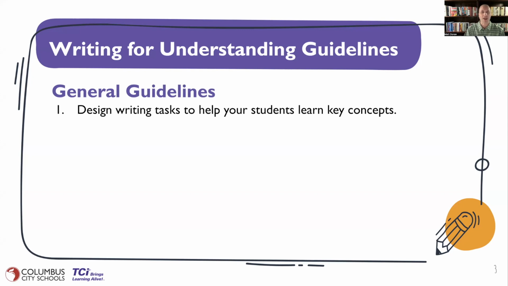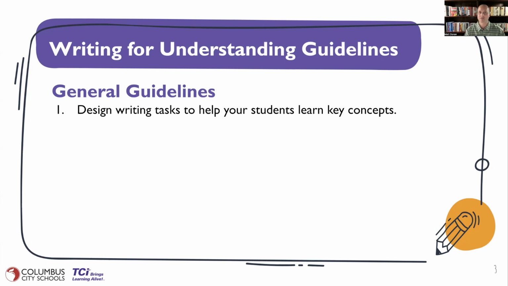And this is really the aim of all of these strategies that TCI provides: how do we provide ways for students to really come to understand the key concepts that we want them to know? So we have to define those concepts first, and then we have to determine what kinds of writing tasks will help students come to understand those concepts. Again, it's writing for understanding.